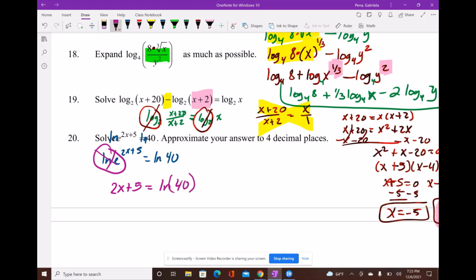What do we do to leave x by itself? Minus 5. Now, please understand this. You do not subtract the 5 from the 40. The 40 belongs to the ln, so you cannot subtract. This becomes 2x equals natural log of 40 minus 5. But now I still have to do what? Divide by 2.